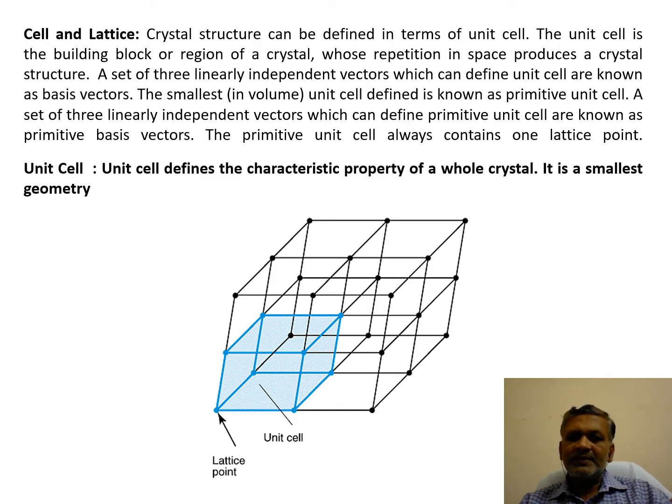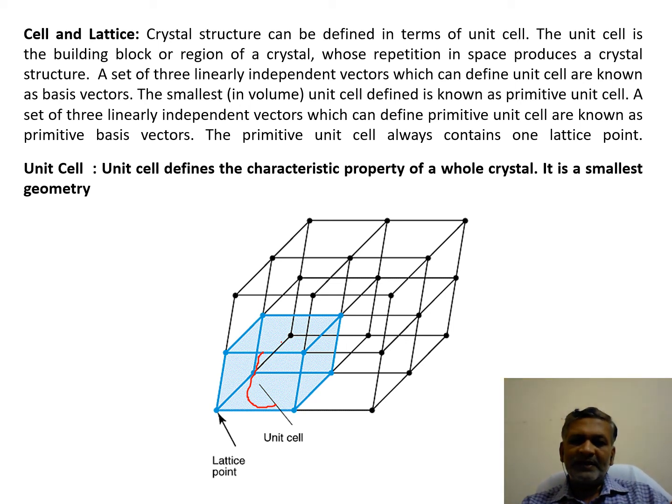The next concept is cell and lattice. A lattice is a periodic arrangement of points in space. If we attach atoms or a group of atoms to the lattice points, it is called a crystal structure. Suppose in this figure, this is one complete lattice, and the blue marked area is the smallest geometry. It repeats and is a building block of the whole crystal. This small area is called the unit cell, or primitive cell.